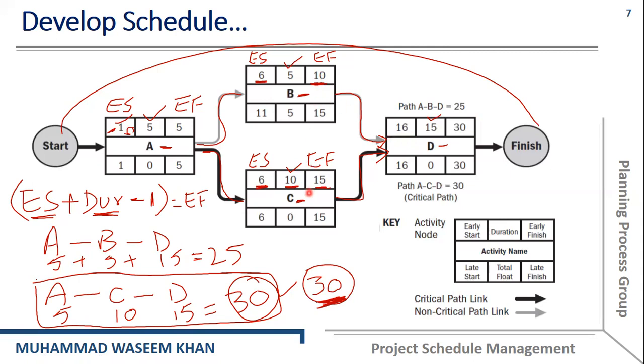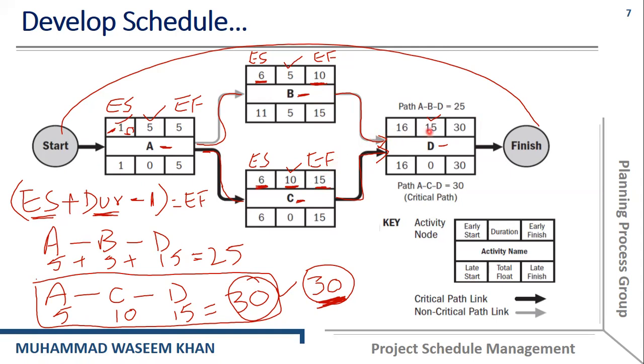These two are the predecessors of activity D, and the earliest finish of B is 10 and the earliest finish of C is 15. So 15 is the greater value, and that's why we have to consider 15. So if activity C completes on the 15th day, then we start activity D on the 16th day.